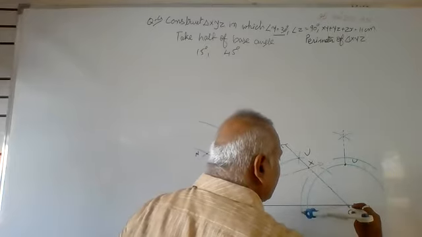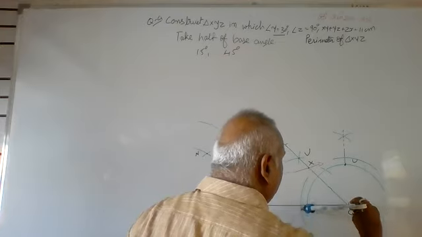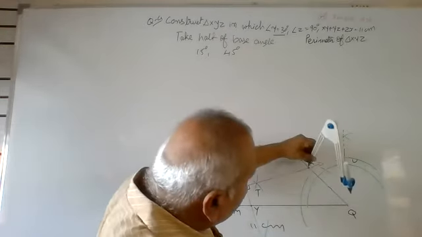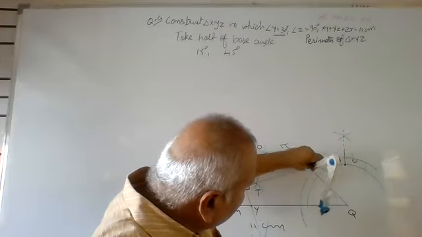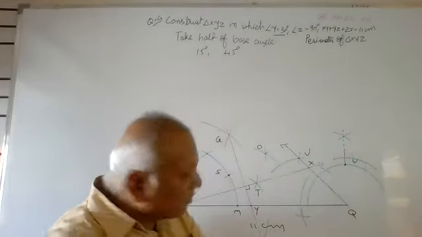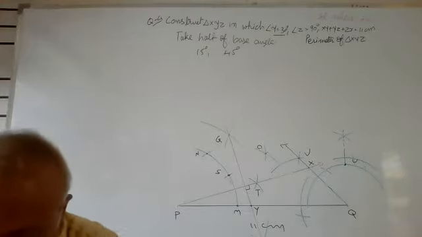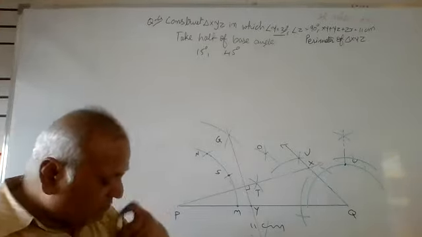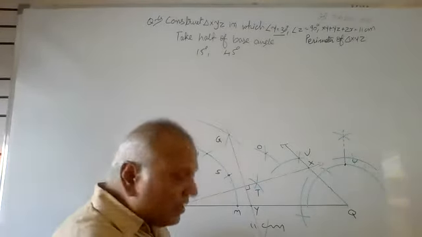I have to extend a little bit so that we can draw properly. One arc upside and the other arc downside. Where both the arcs intersect, we draw the perpendicular bisector.